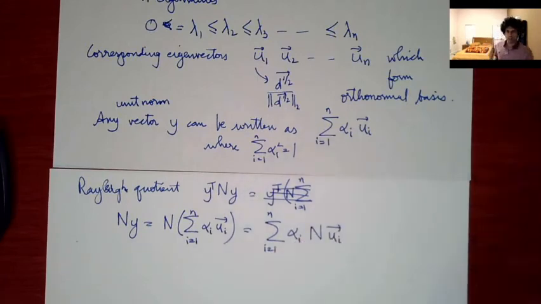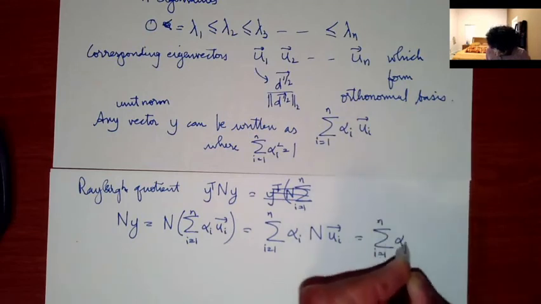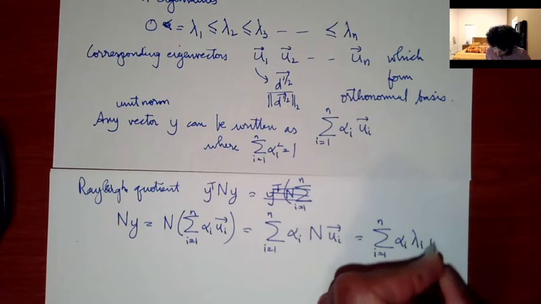So what is n times ui? Ui is an eigenvector, so what is n times ui? The corresponding eigenvalue times ui, which is lambda i. So I get alpha i lambda i ui.